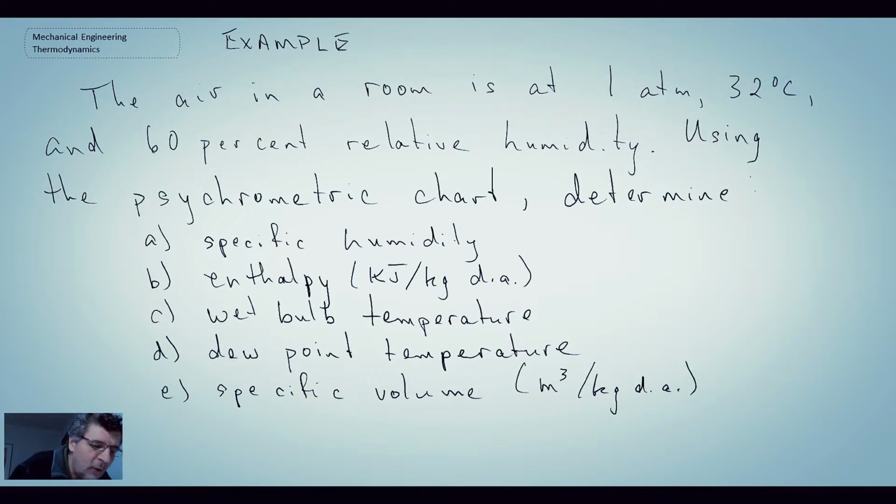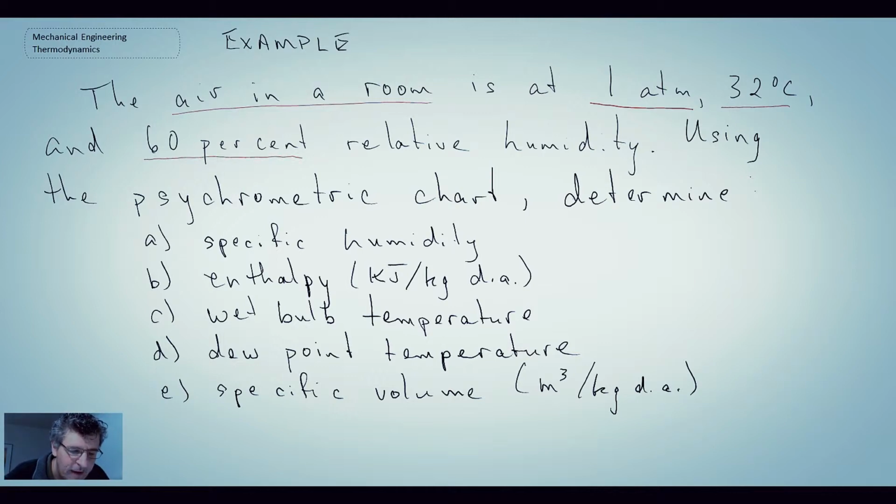A couple of points here. First of all, we're dealing with room air at 1 atmosphere. That gives you a hint that we can use the psychrometric chart. We're told that the temperature of the air, the dry bulb temperature, is 32 degrees C. And we're also told that we have 60% relative humidity.